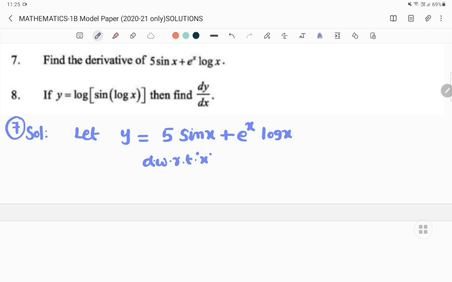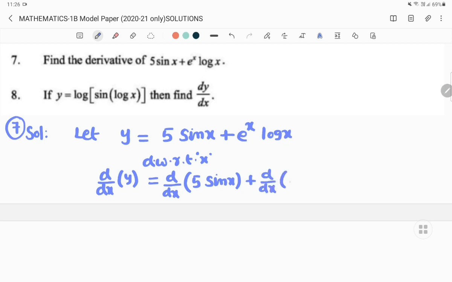So, y derivative with respect to x, generally we can write like this, d by dx of y. So, d by dx of each and every term you have to differentiate. Both meanings are the same, dy by dx or d by dx. For understanding purpose I am writing.